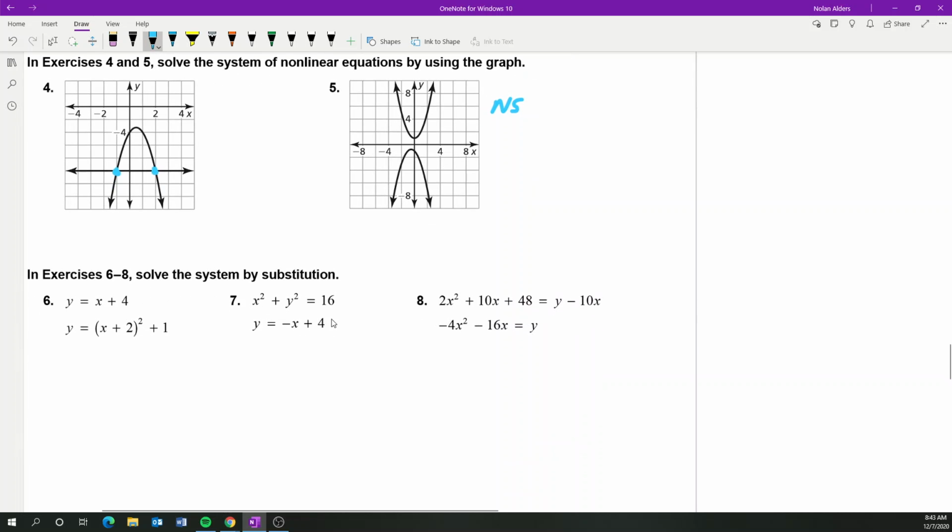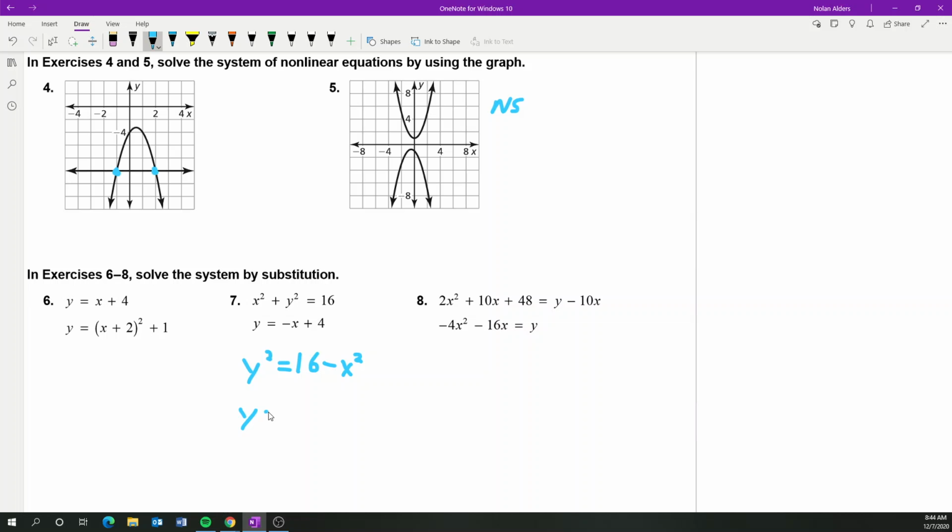Now, if you were to look down here at some of these, this is saying to use substitution. You can use substitution or elimination to solve these just as well. But I like graphing it because I just feel like it's easier. But notice with this equation right here, we would have to solve that equation for y first. So if we were solving that equation for y, then we would move the x squared over. So we'd have y squared equals 16 minus x squared. And then we would have to take the square root.